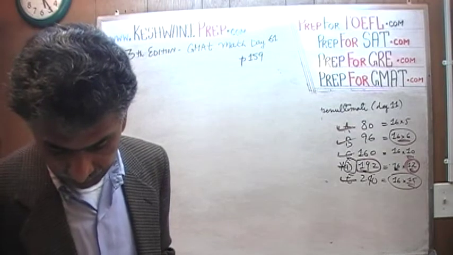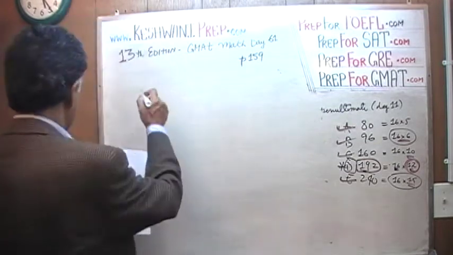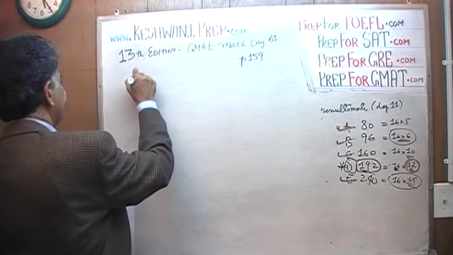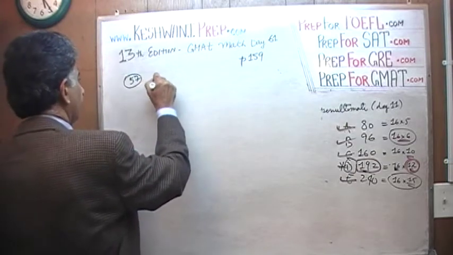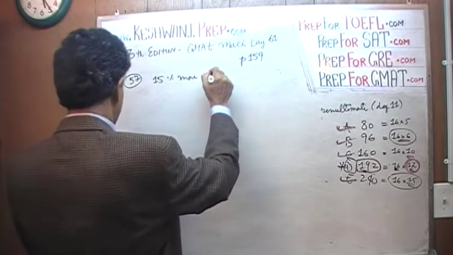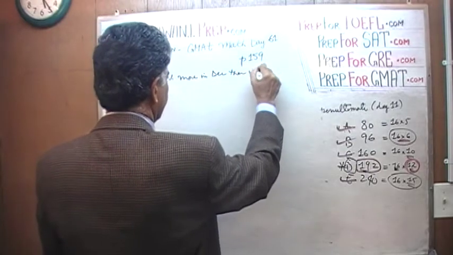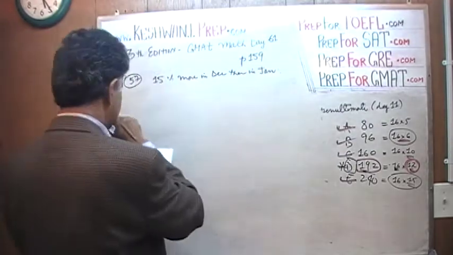It says company B has 15% more employees in December than in January. So here is 57. We have 15% more in December than in January.